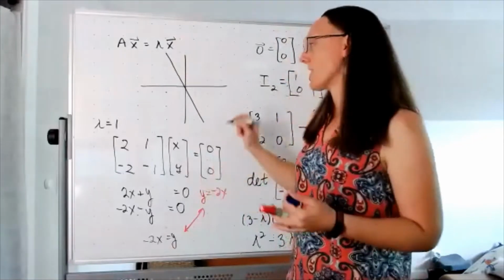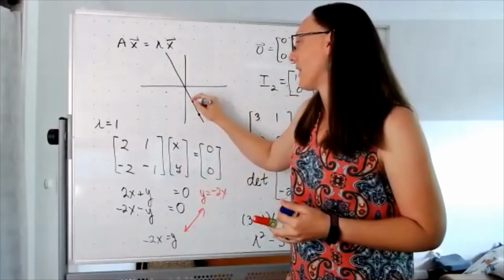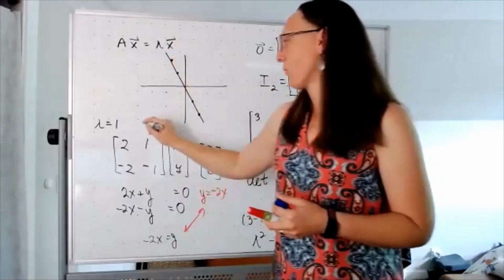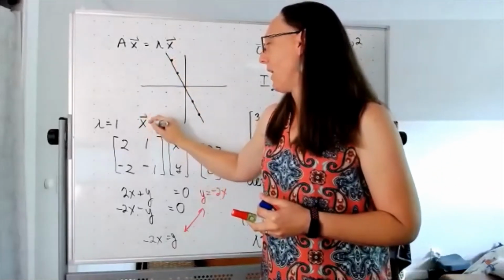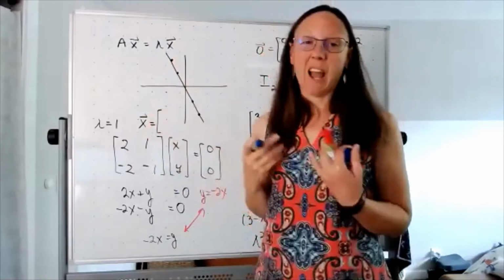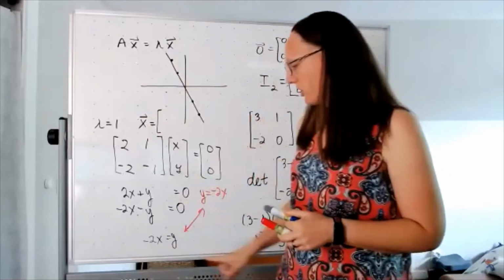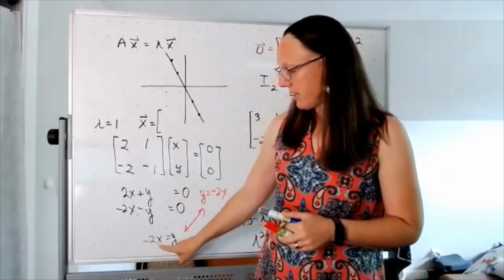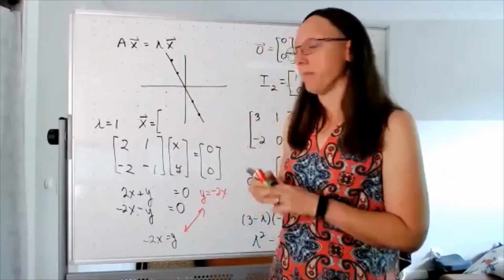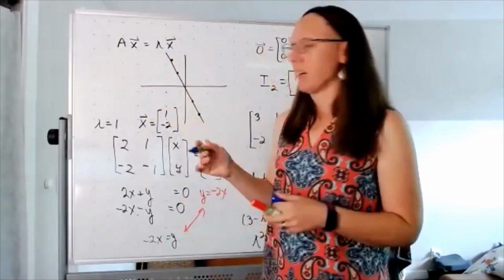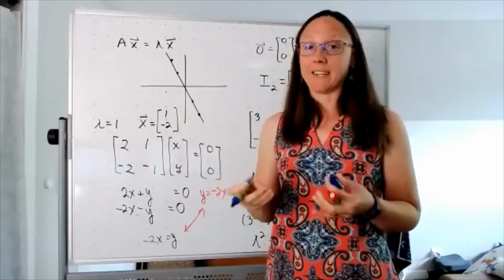And we can choose essentially any point on that line and call that our eigenvector. So for me, I always choose whole numbers, which the book does too. I'm going to choose to plug in 1 for x, and that would make y negative 2. That is not the only choice. That is the choice I am making. There are an infinite number of correct eigenvectors.